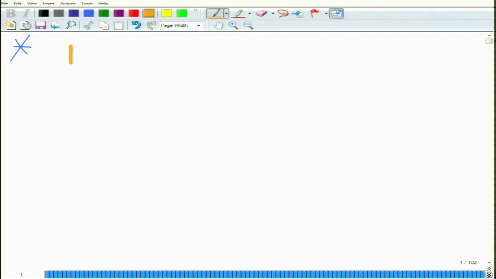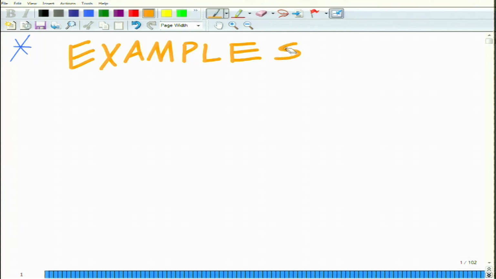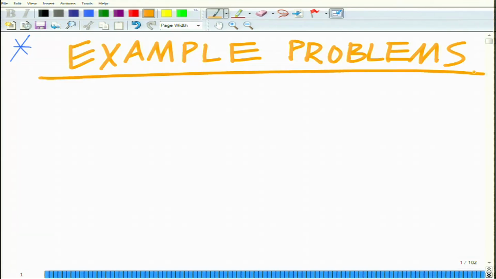So, what we want to do in this module, and also probably the next few modules, is look at example problems for the properties and application of the Laplace transform.